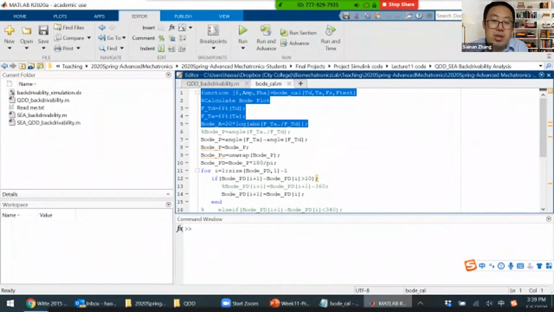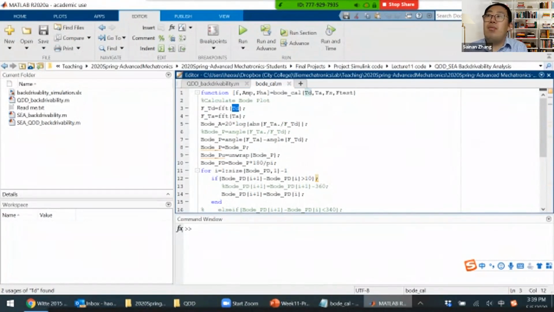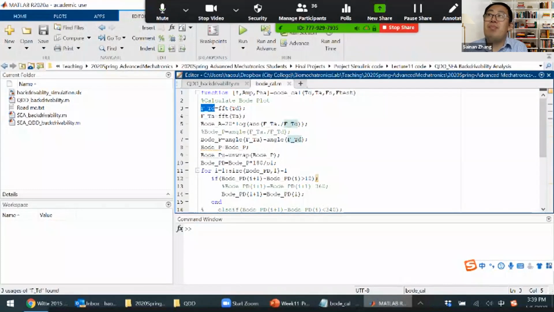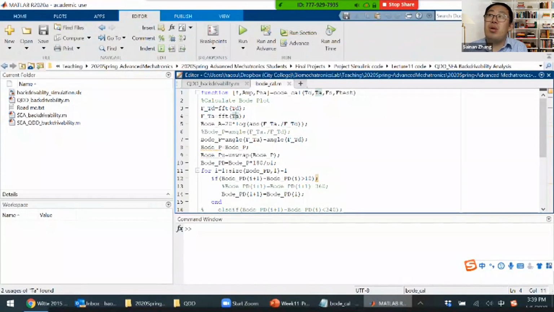The short answer is you can ignore this. If you want me to explain the TD, we do a Fourier transformation of the desired torque, so we know the dominant frequency of the signal. And for the TA output, the torque we apply to the human, we know the output dominant frequency.